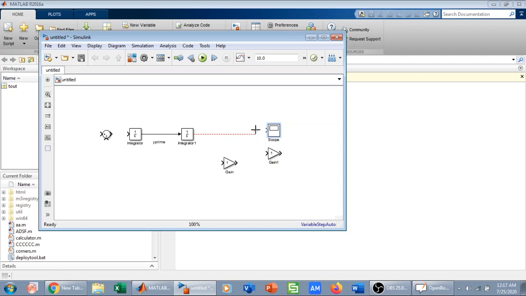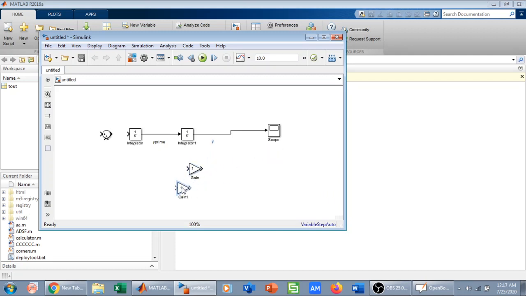I will connect the scope temporarily to this, then I can delete, and I will type in here y. So this is my y in this equation. If this is my second order derivative, after taking the integration I will get y prime, which is the first order derivative. Then again after taking integration I get y, which is the simple y.